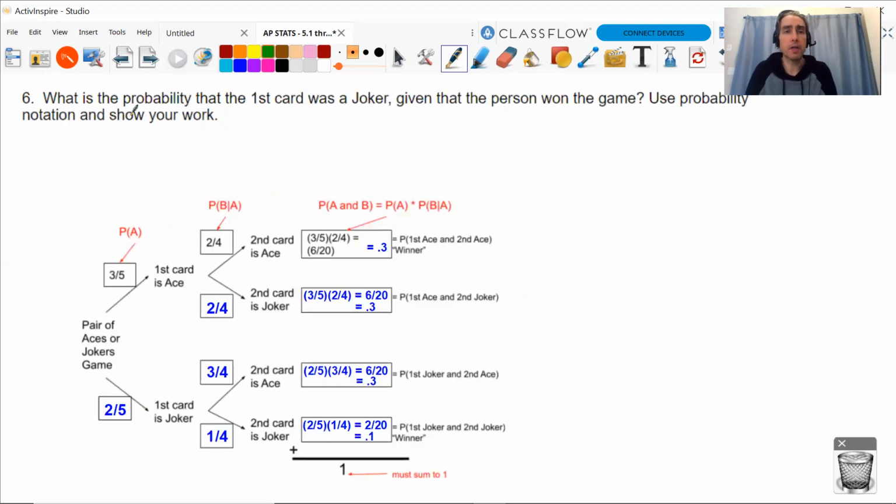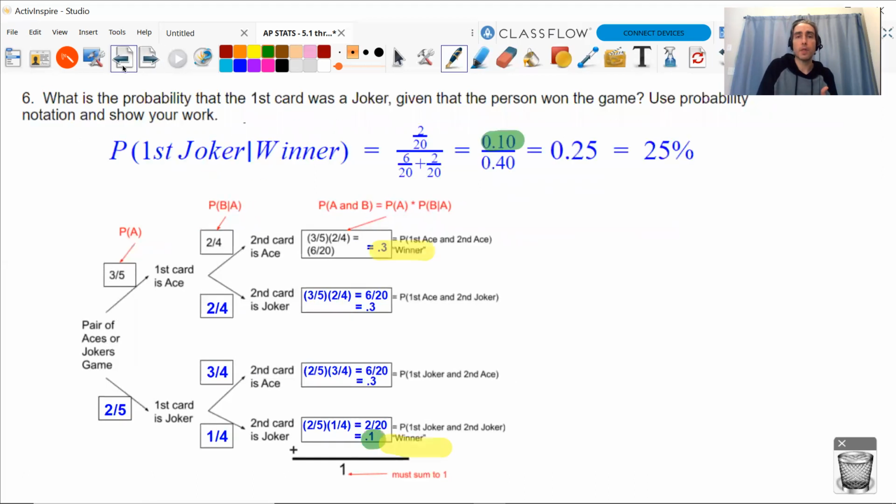So for this one here, what's the probability that the first card was a joker given that the person won the game? So out of all the winners, the first card was a joker given we are a winner, well, that's going to be this 0.1, because you either go the first card be an ace or the first card be a joker.